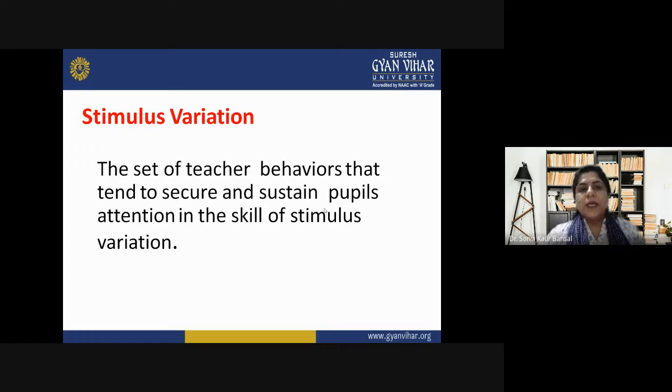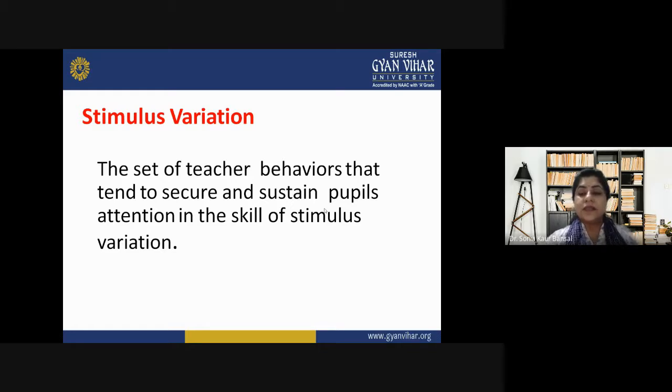It is very important, students, that in the classroom the teachers should not make any noise. The set of teacher behaviors tends to secure and sustain pupils' attention in the skill of stimulus variation. Sometimes a teacher is teaching in the classroom and thinks the students are understanding, but maybe the students are not understanding at that time.